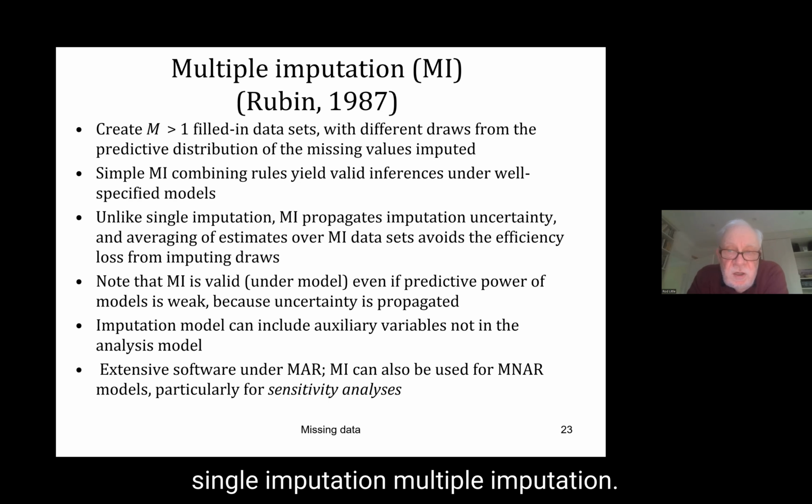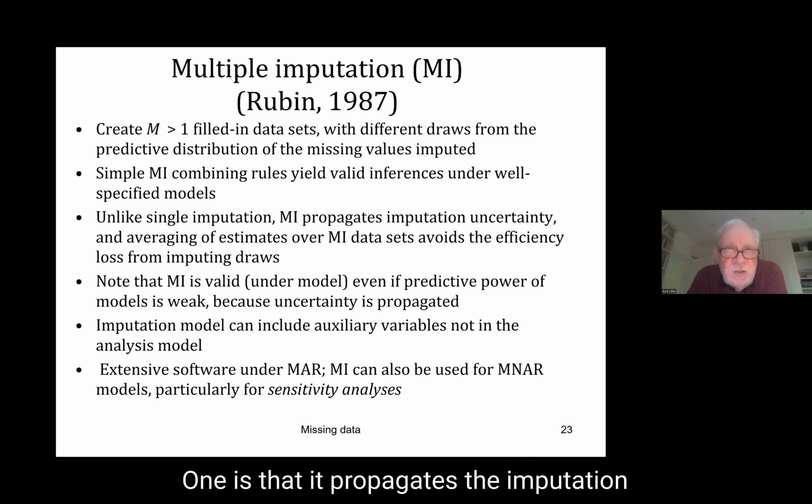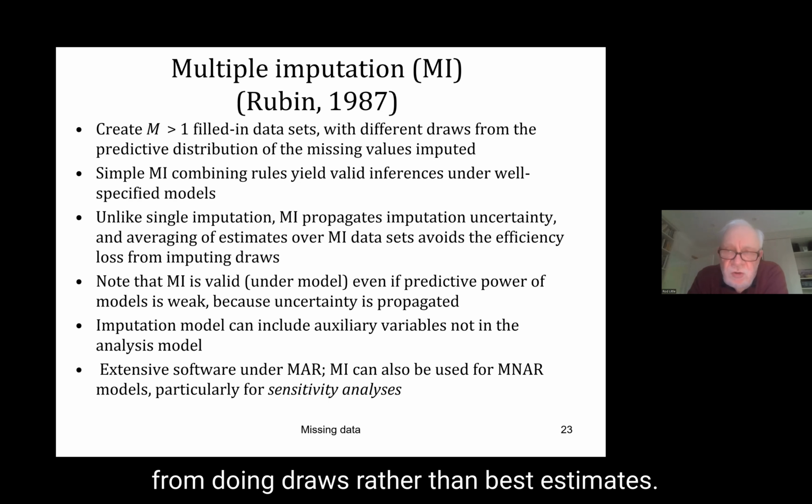Unlike single imputation, multiple imputation really has two very useful features. One is that it propagates the imputation uncertainty through the combining rules, and then it involves averaging the estimates of the multiple imputation data sets, and that deals with the lack of efficiency from doing draws rather than best estimates.